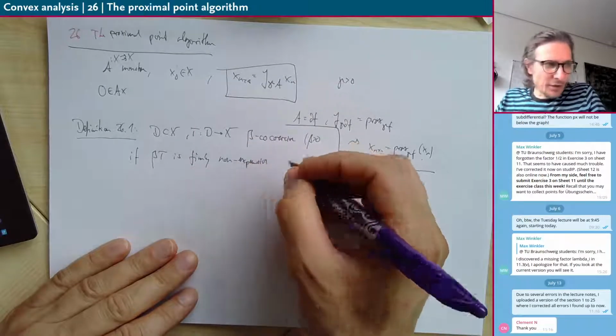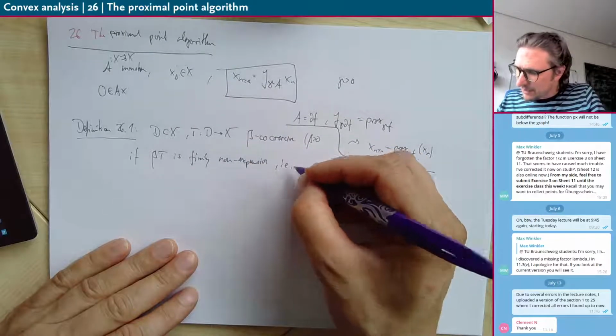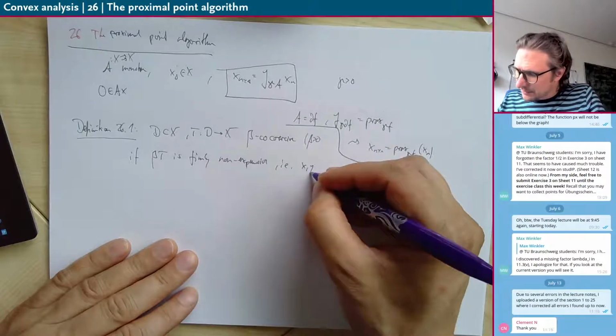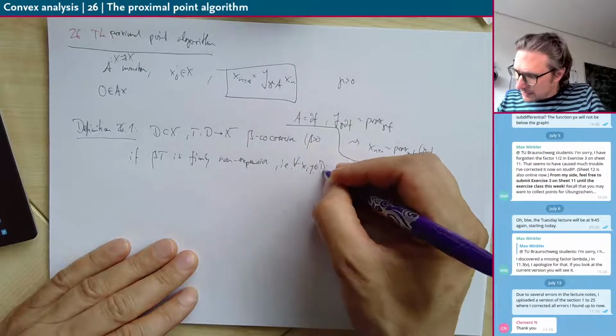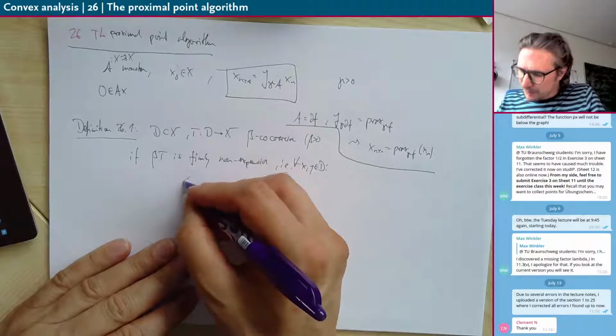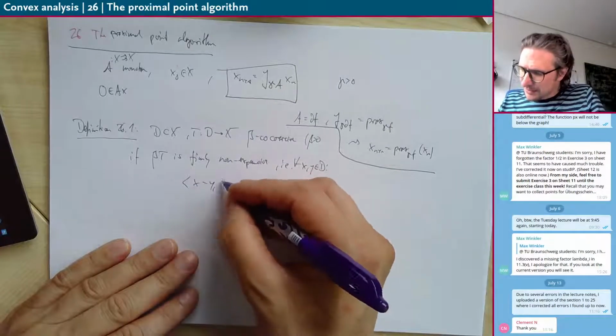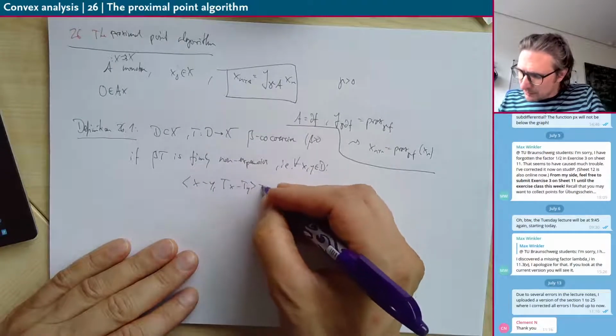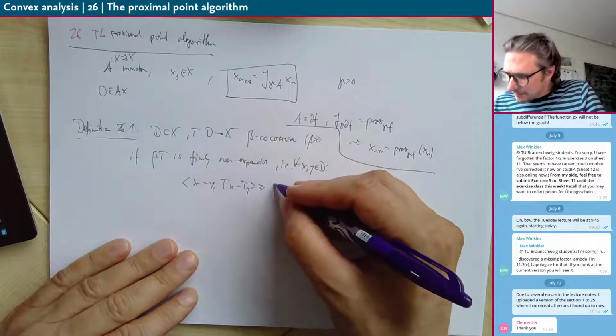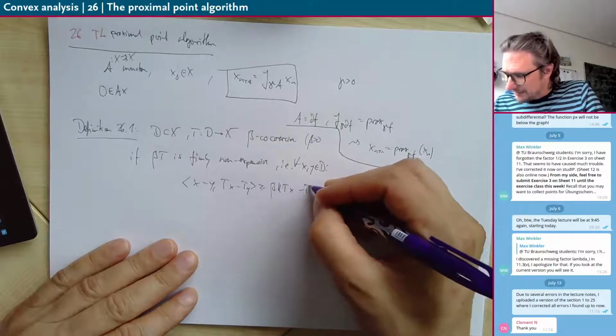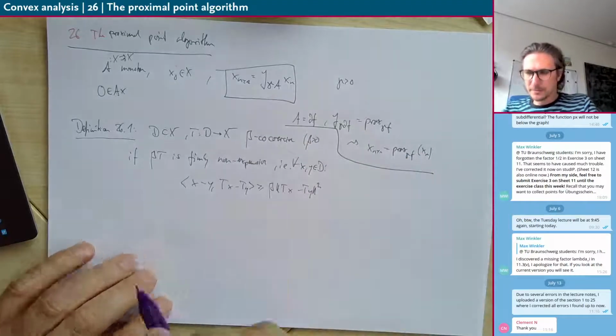That's one way to put it, and let's write it out. This means for x and y in D, it holds that the inner product of x minus y and Tx minus Ty is bounded from below by beta times the norm of Tx minus Ty squared.